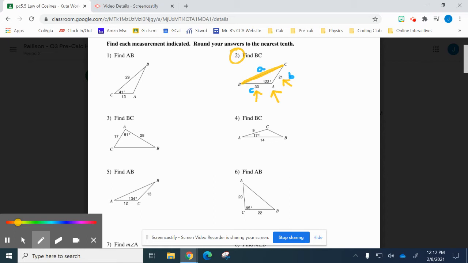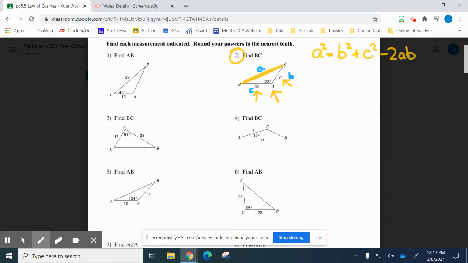So in this case, it's not going to be C, it's going to be A, right? So if I'm going to set this up, I'm going to say that A squared equals B squared plus C squared minus 2 times A times B.